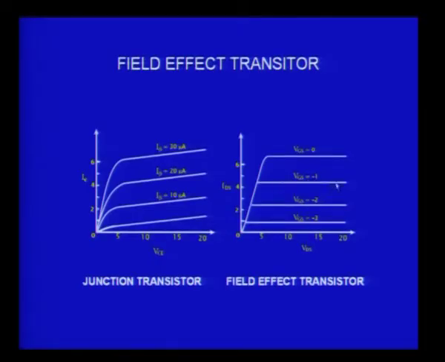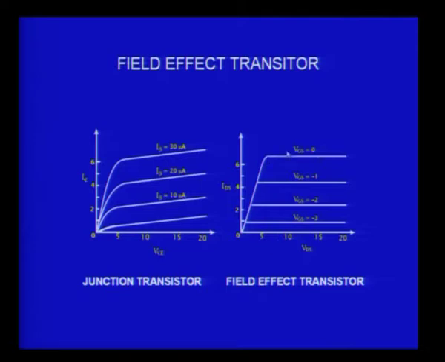Therefore you find that pinch off or the saturation voltage or the saturation current comes much lower than the IDSS when VGS is equal to -1. When VGS is equal to -2 or -3, these things will become much less as shown in this graph.